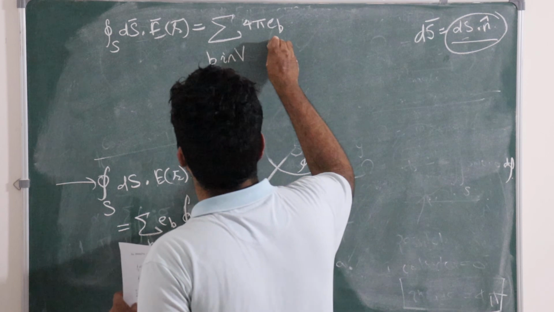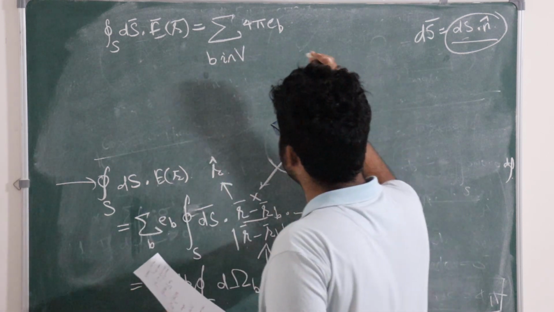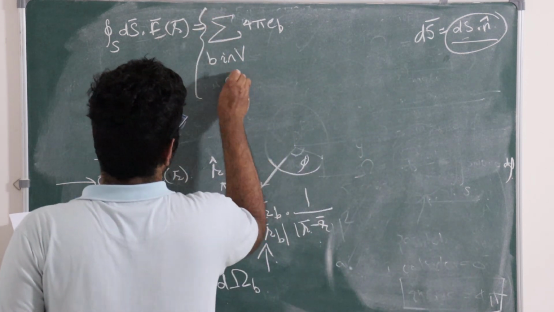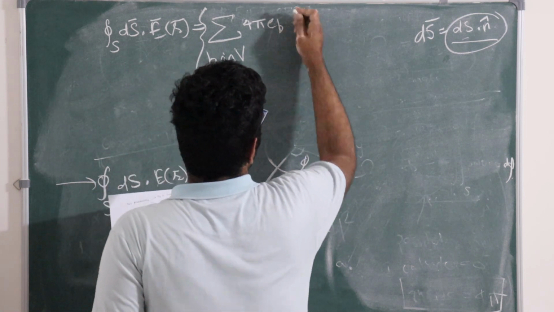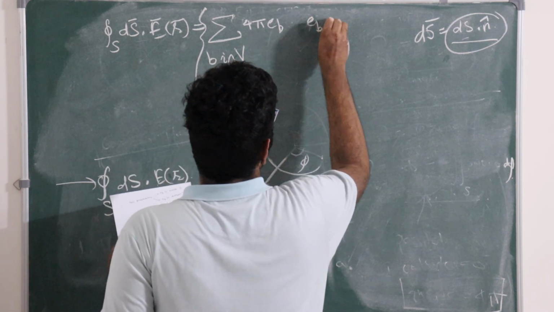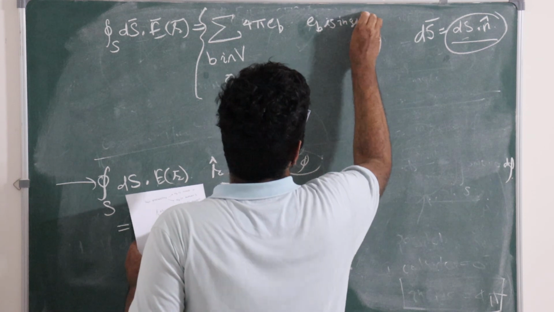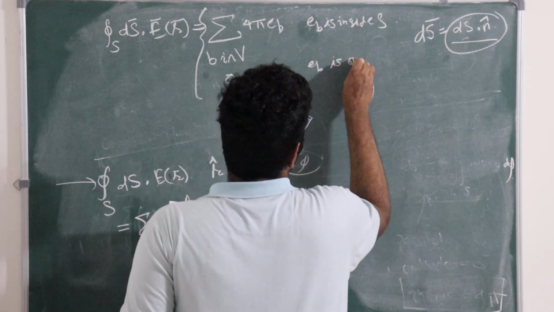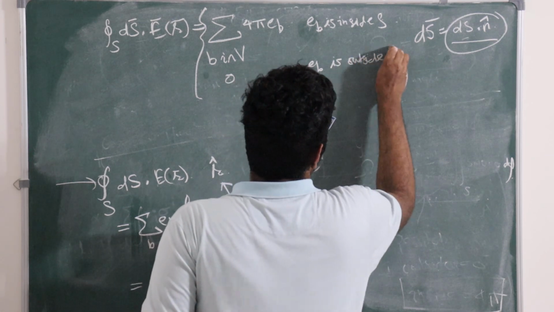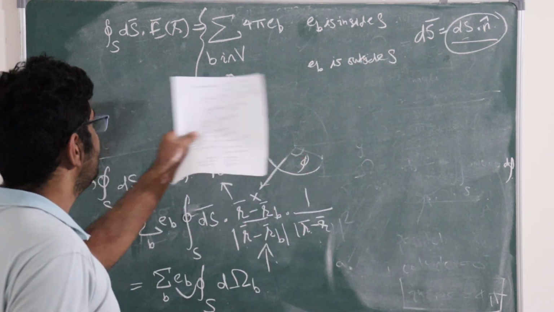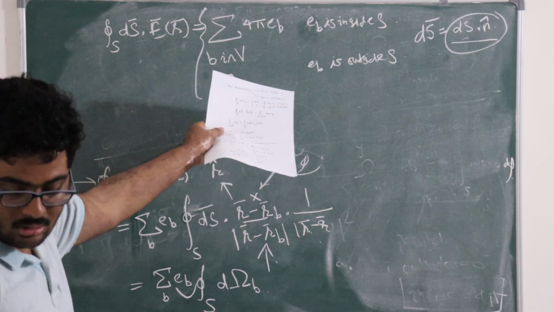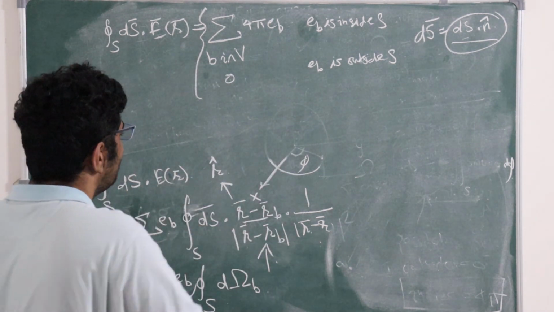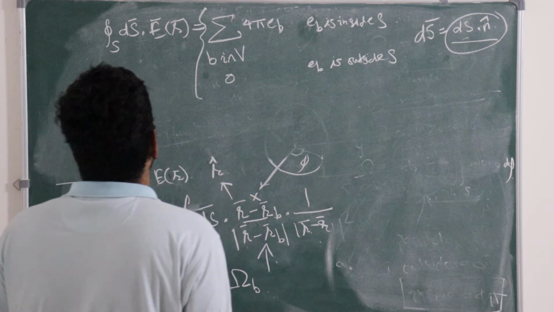It doesn't contribute here because in the second case it is 0. This is when eb is inside S, and this is when eb is outside S. So you see the differences between the two things.